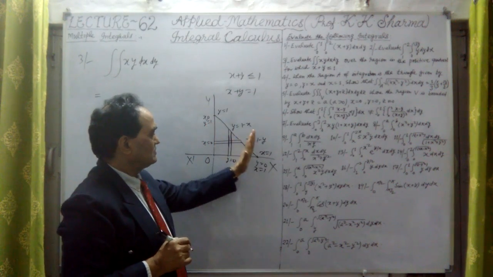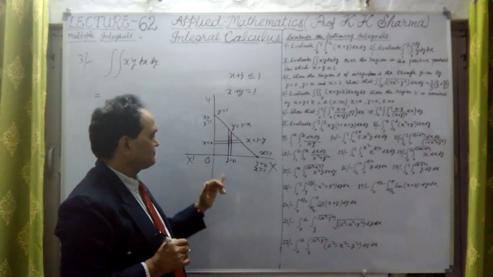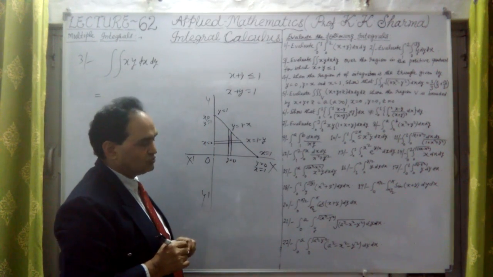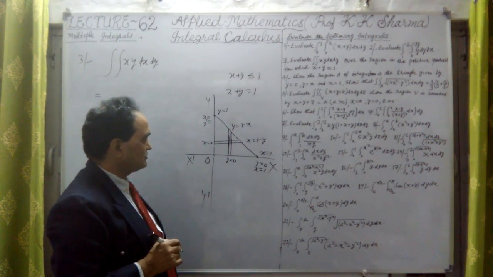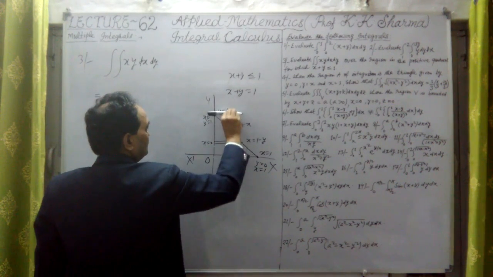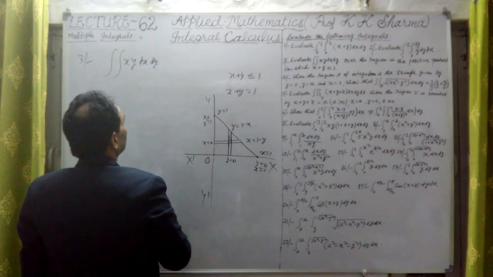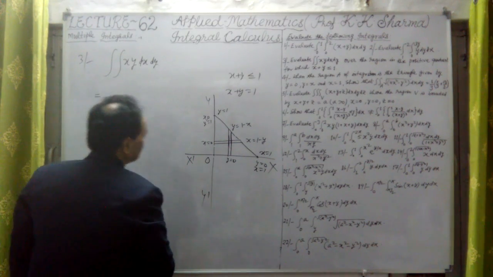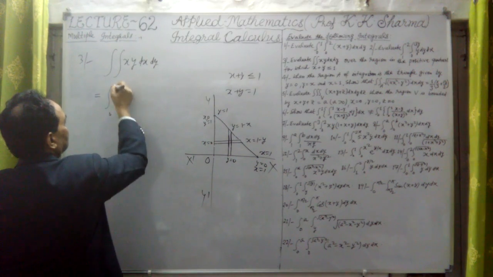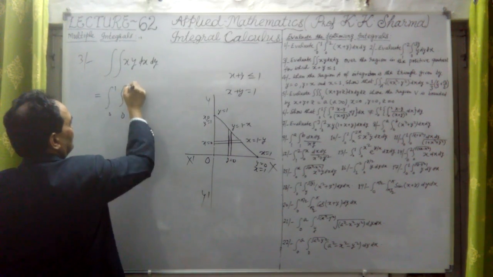If I take this vertical strip here, this vertical strip will vary from this point to this point. If you go to this point, it will be 0 in this case. And if I take a horizontal strip, then from y equal to 0 to y equal to 1. This is how we can divide this whole region, with vertical strips or horizontal strips. The limits are 0 to 1 in both cases.